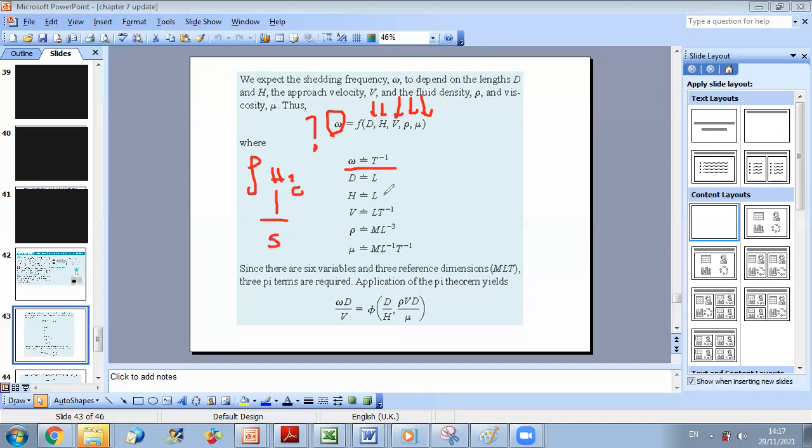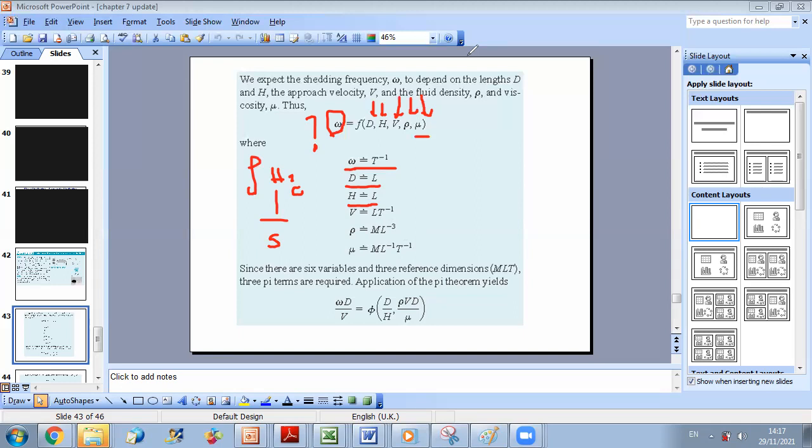The diameter is a length, scaling as L. H also is a length, so also L. Velocity V is meter per second, so LT^-1. The density is kilogram per meter cubed, so it's ML^-3. And mu, the viscosity, we already determined the dimension before. It's kilogram meter^-1 second^-1, so it's ML^-1T^-1 in dimension.